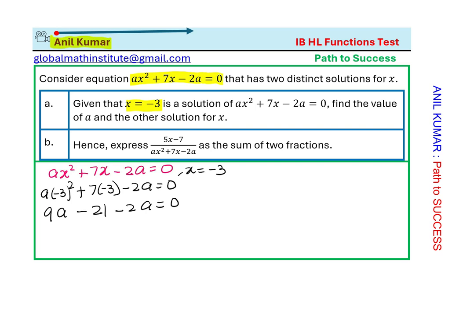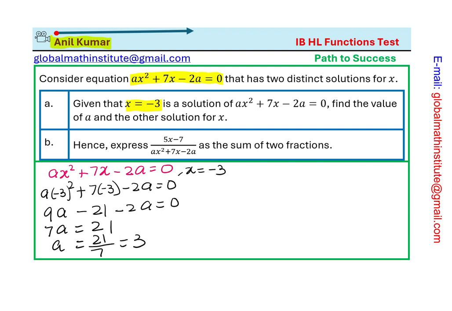So 9a minus 2a will be 7a. So 7a is 21 and therefore a is 21 over 7, which is 3. So once we know what a is, we can factor the quadratic equation and find the other root.